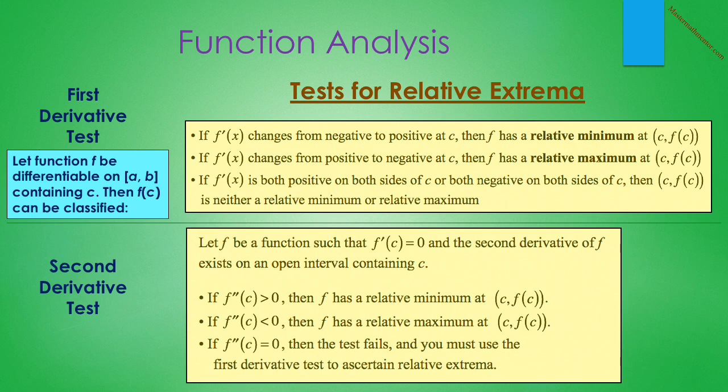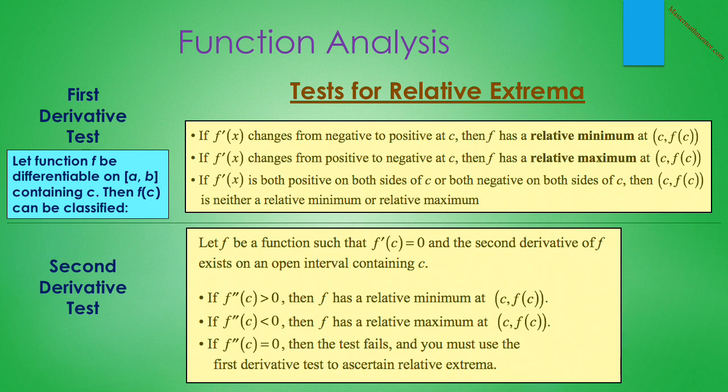There is another test for relative extrema, which is also sometimes more useful than the first derivative test, and it is called the second derivative test. Let f be a function such that f prime of c equals 0, and the second derivative of f exists on some open interval containing c.